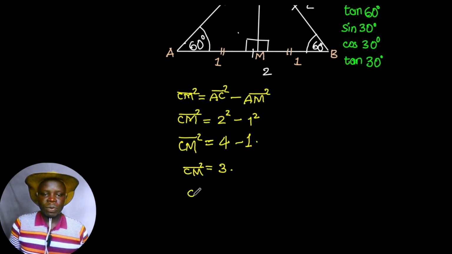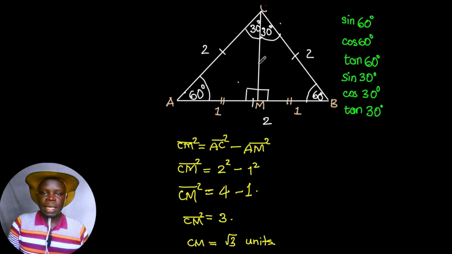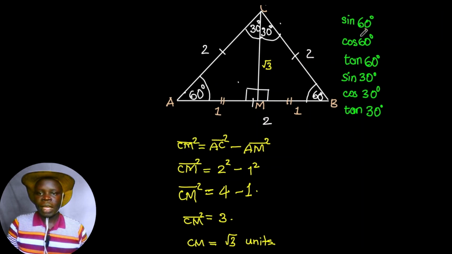To get CN alone, we take the square root on both sides, such that CN is root 3 units. So we already know our distance CN, that is root 3. We can graph it and have this done.